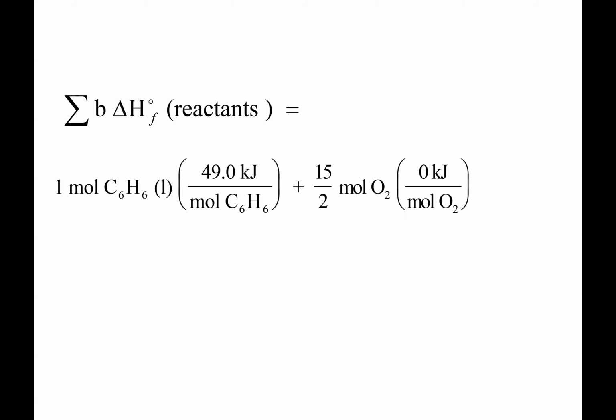And then it's easy to blow off this term, but you probably shouldn't, because we have another reactant, 15 halves moles of O2. It just so happens that its standard molar enthalpy of formation, since it's in its gaseous state, is 0. So 0 kilojoules of energy per mole of O2. I can do the math there. We finish this out, and I come up with plus 49.0 kilojoules of energy.